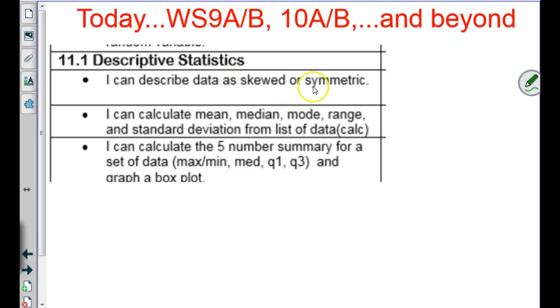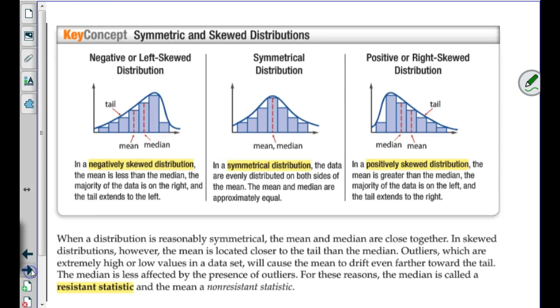You're going to need to be able to describe data as skewed or symmetric for a quiz eventually, and be able to find mean, median, mode, range, and standard deviation. We're good on that part? And then calculate what's called the 5-number summary, which is the max and min, median, Q1, Q3, and graph a box plot. We've covered all of that except the skewedness already today.